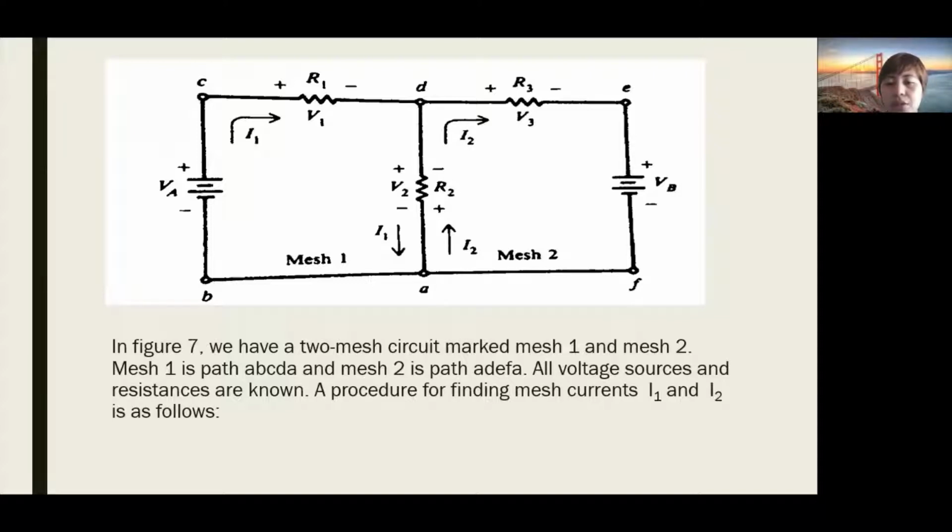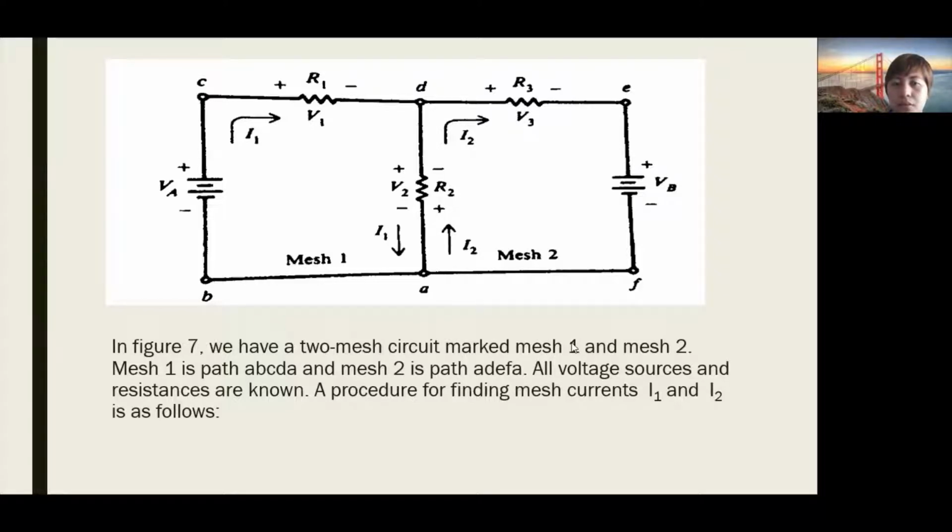This part is mesh 1: A, B, C, D. And mesh 2 is A, D, E, F. All voltage sources and resistances are known.